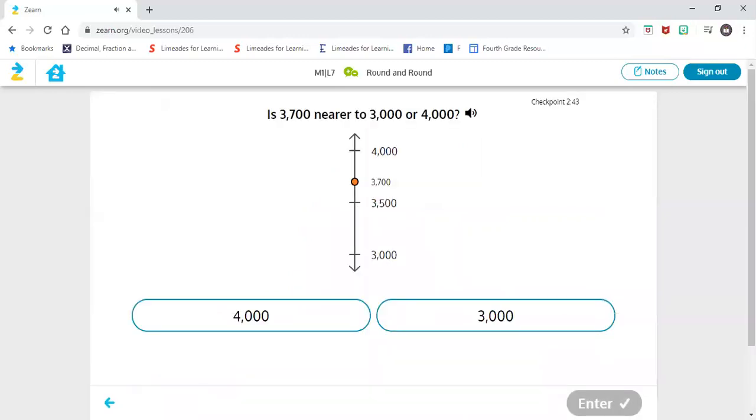So as I look at the vertical number line, anytime the number is at or above your midpoint, you definitely use the larger number. So 3,700 is closer to 4,000.